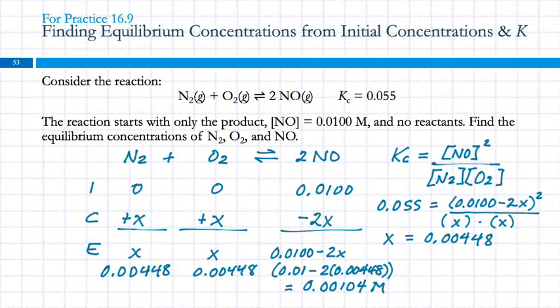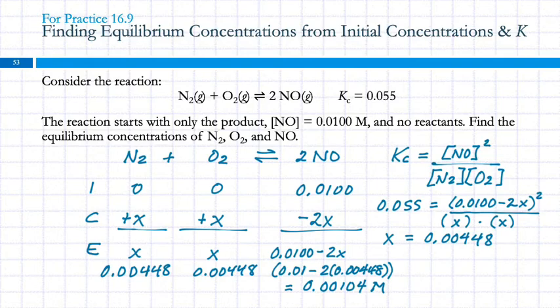So I take the value for x that I got and I plug it into my equilibrium things here. And I get that N2 is 0.00448, O2 is 0.00448 molar, and that NO is 0.00104 molar. So those are the concentrations of the three things at equilibrium.